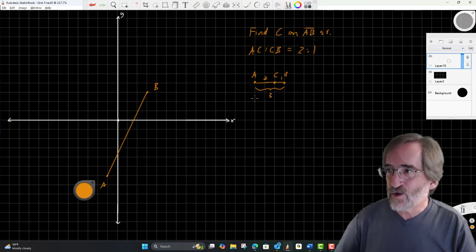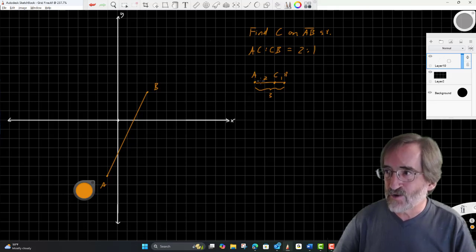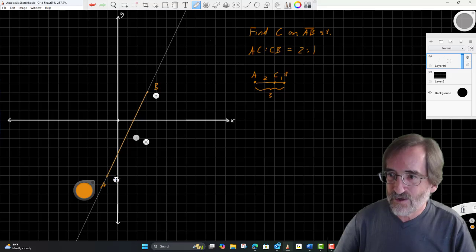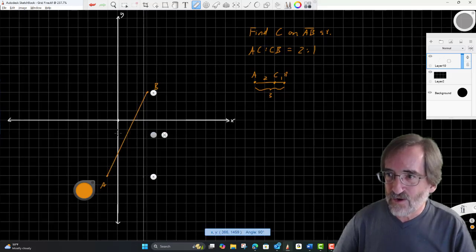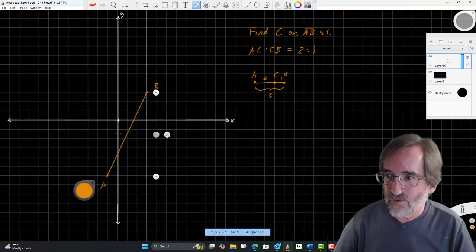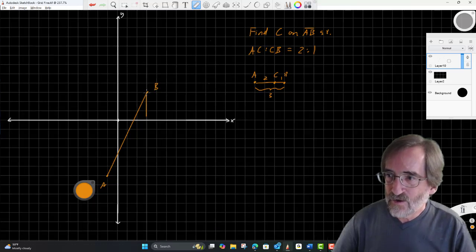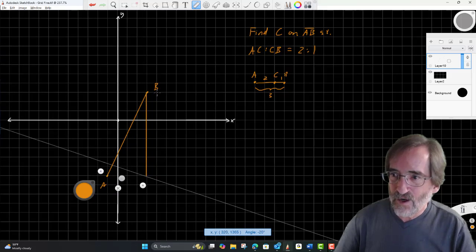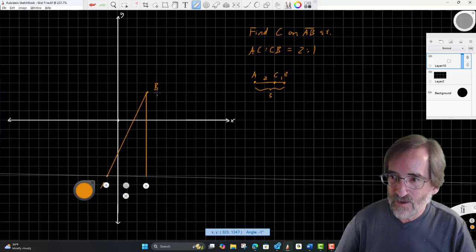Okay, so we're going to divide the whole into 3 parts, and we're going to count off 2 of them. That's really what it comes down to. Divide the whole into 3 parts, count off 2. So here we go. Right here, right there.